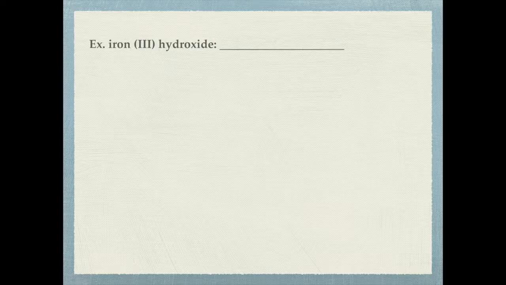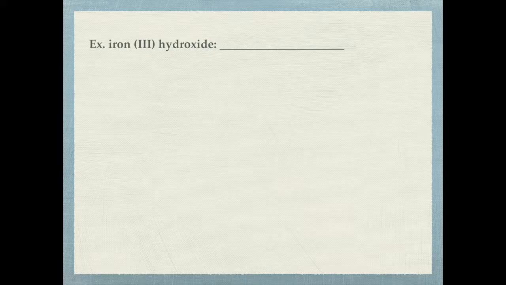Now, if I give you the name of an ionic compound that has a polyatomic ion, for example, iron 3 hydroxide. Notice, because I don't know the charge of iron, because it's a transition metal, I needed to include that Roman numeral. So iron has a 3+ charge. Hydroxide has a -1 charge. So I'm going to cross my charges because this is an ionic compound.